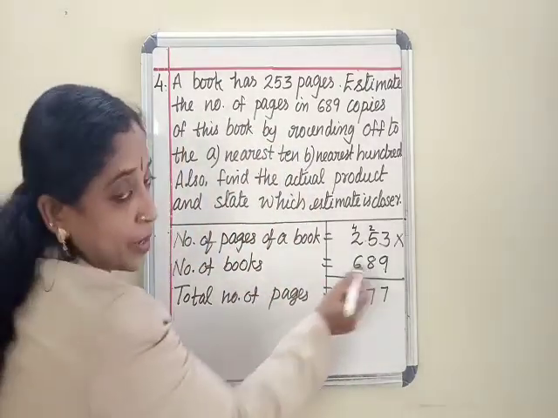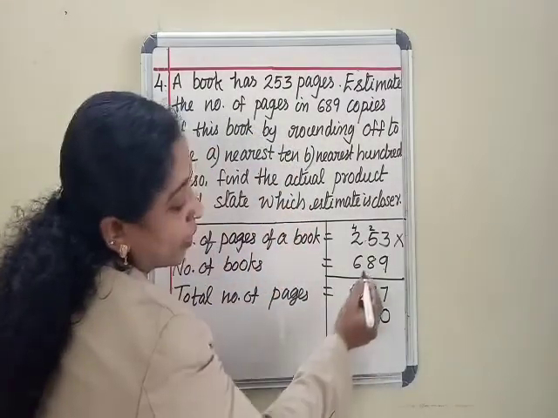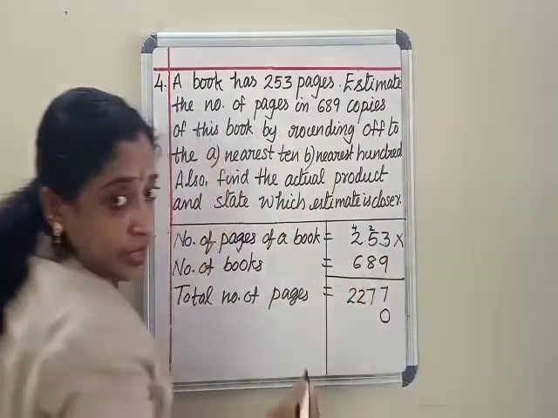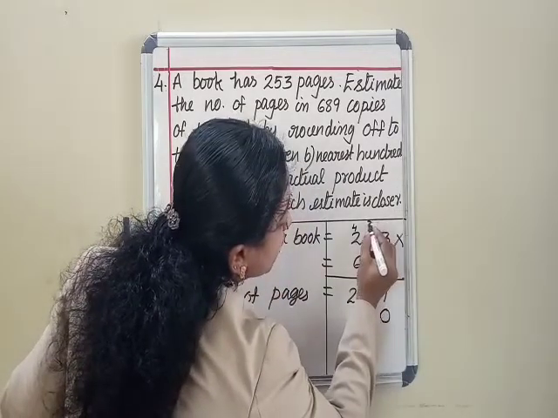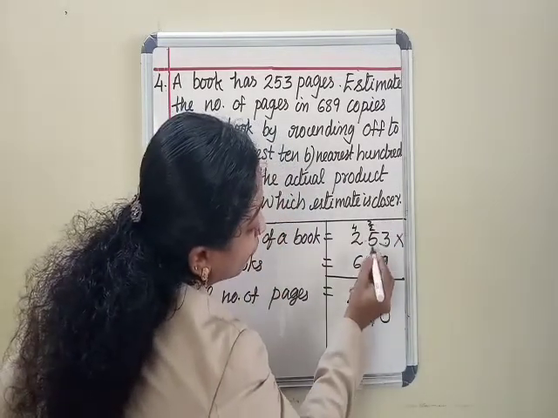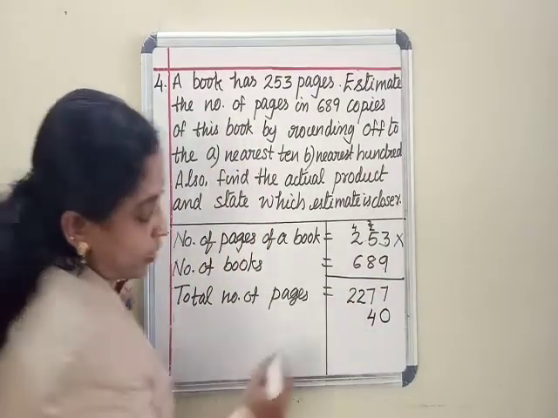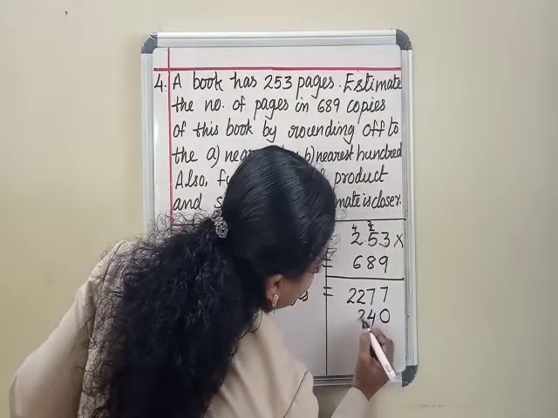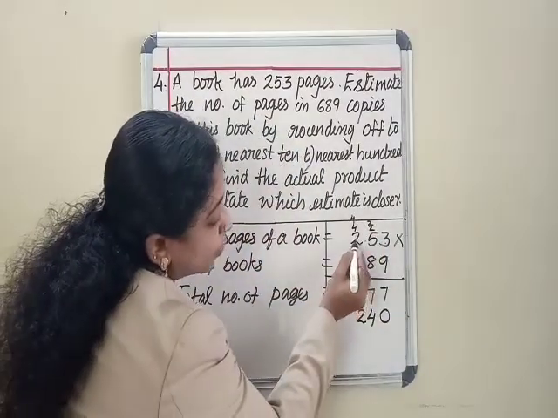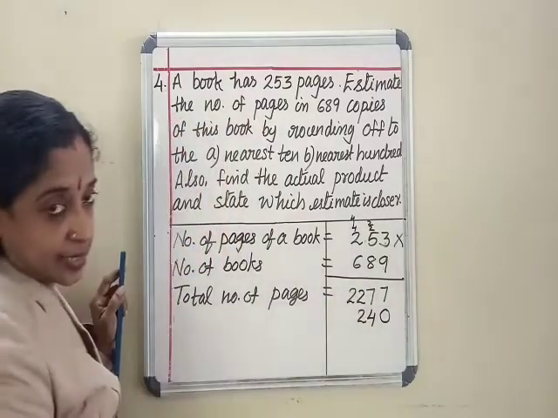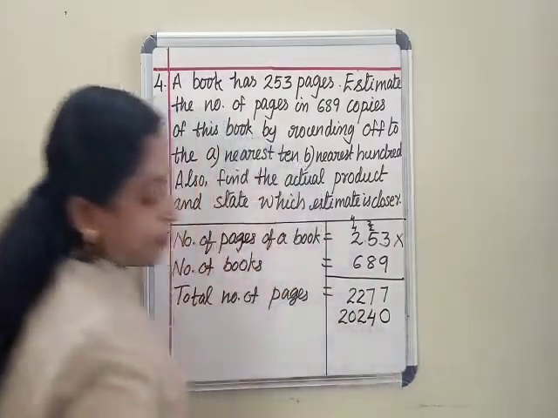Now we can multiply by tens place number. Before that we have to put here 1 0. 3 into 8, 24. Here we can write 4. Above tens place we can write 2. 5 into 8, 5 8s are 40. 40 plus this 2, 42. Above 100 place we can write 4. 2 8s are 16. 16 plus 4, 20.